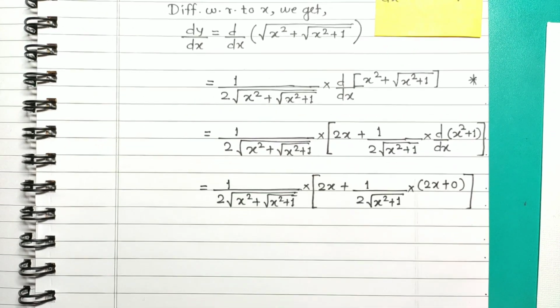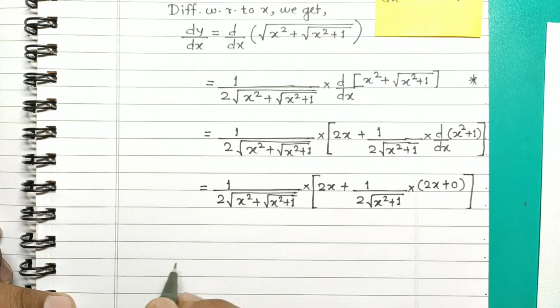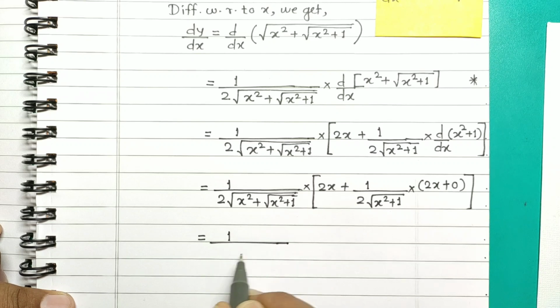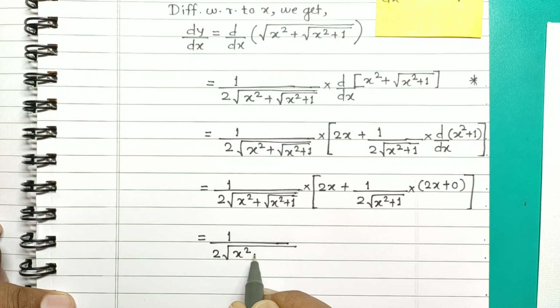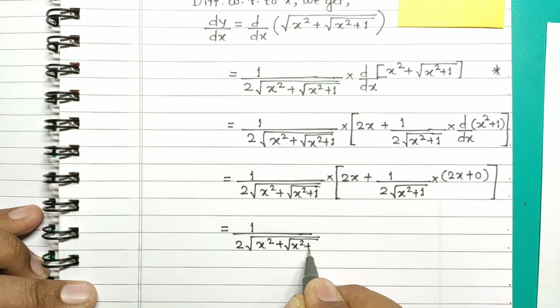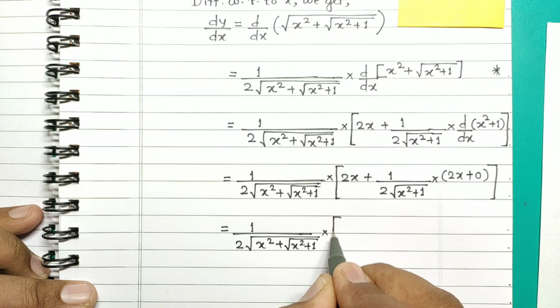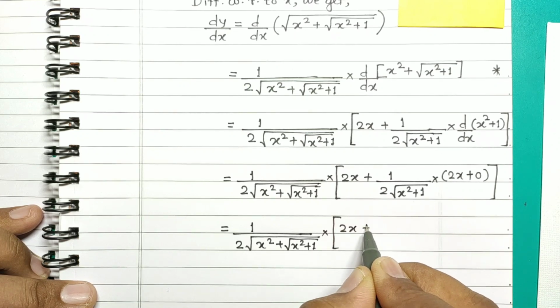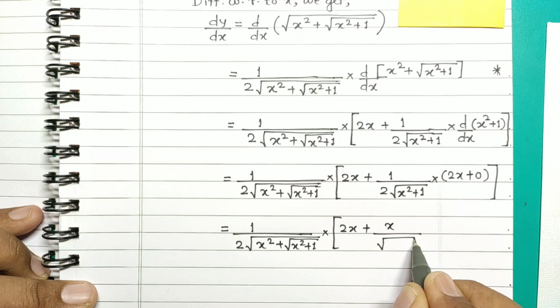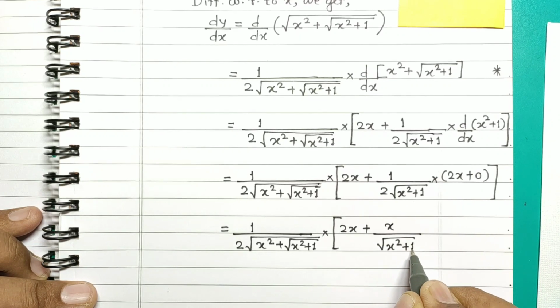So here this 2 gets cancelled and we have, again we have to write down this term as it is, 1 upon 2 into root of x square plus root of x square plus 1 into 2x plus, 2 gets cancelled, x upon root of x square plus 1.